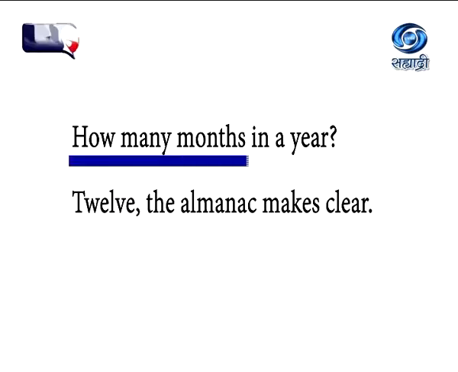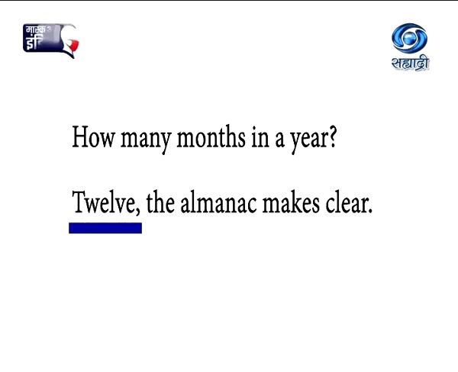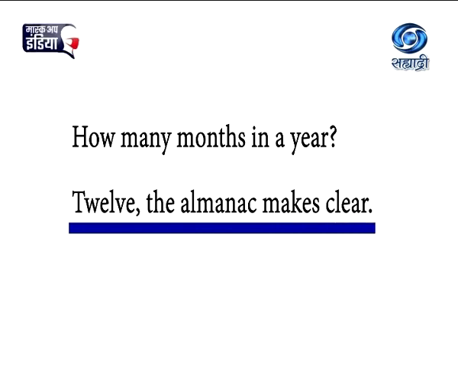How many months in a year? 12. The almanac makes clear. Now, in this stanza, the poet is asking us another question. She asks us as to how many months are there in 1 year.